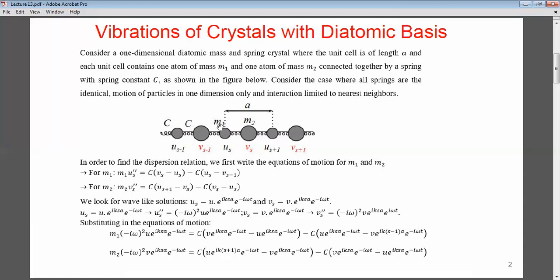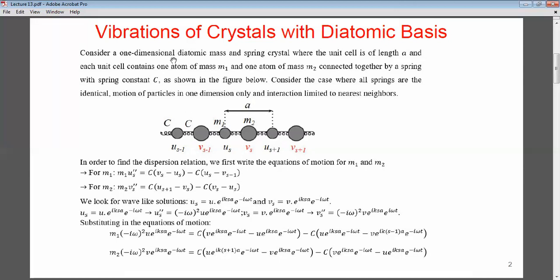So U_s has mass M1 and V_s has mass M2. If the lattice is not moving, the distance between U_s and U_{s+1} is a. But in reality, this distance is fluctuating.